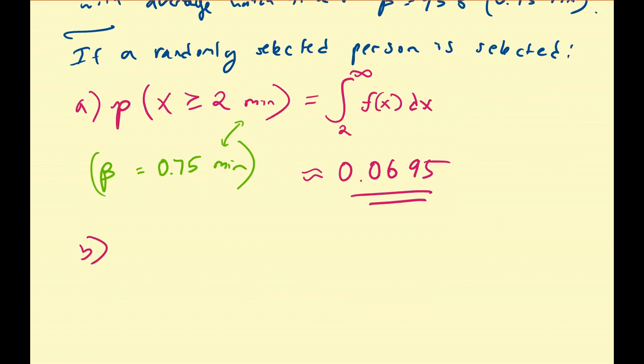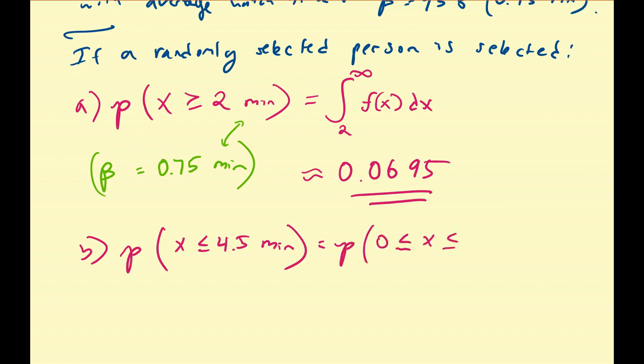Now let us assume that a randomly selected person watches a video for less than 4.5 minutes. This is again the same thing as writing the probability that 0 is less than or equal to x is less than or equal to 4.5. We can easily write this in integral notation as the integral from 0 to 4.5 of f of x with respect to x, where x is time.